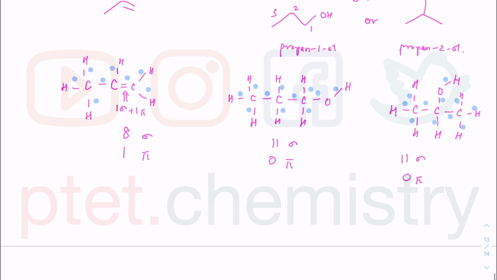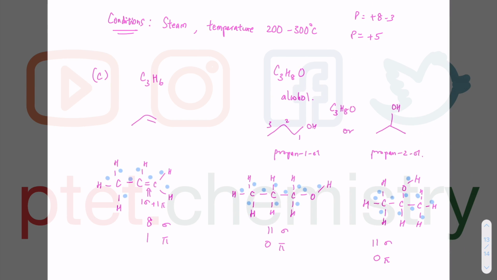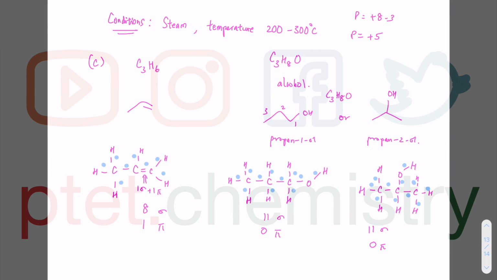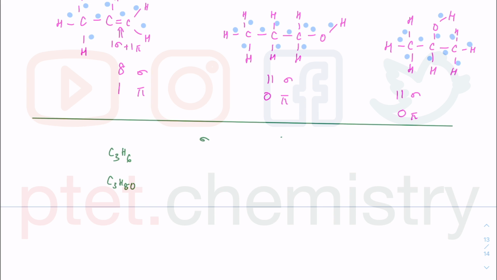I don't know if I have enough space to move this up a little bit. I do, so I'll just move this up a little bit. Okay, I'll just draw a line across to show the partition there. All good there. So what I have then is C3H6 for the alkene, C3H8O for the alcohol, so sigma and pi.